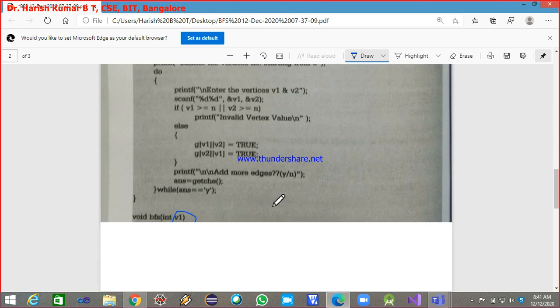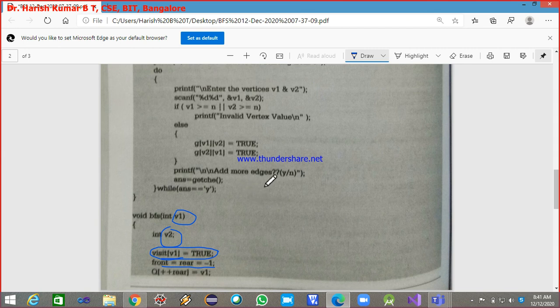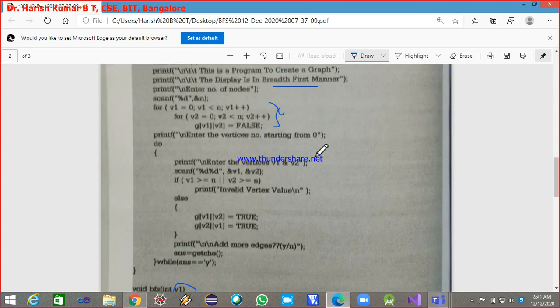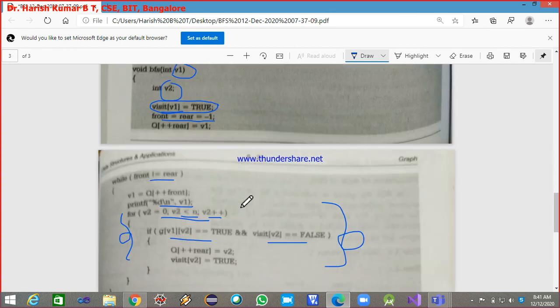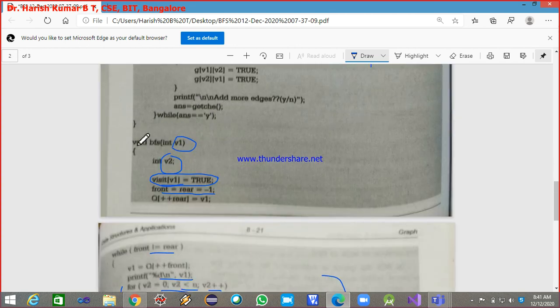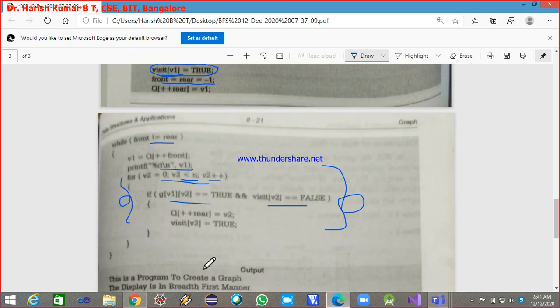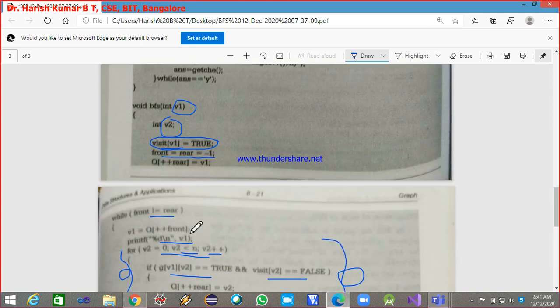This part of the code is for adding the edges, and let us not worry about this. Our focus was on traversing the graph by using BFS without the recursive technique. So this is what we understood.